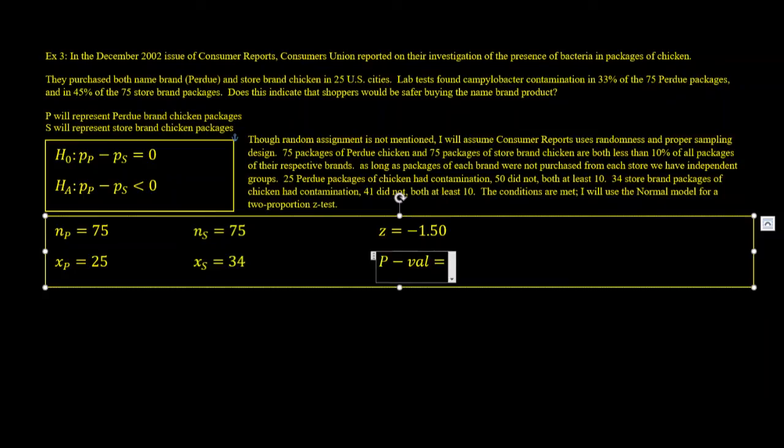So now we can state our conclusion. My p-value of 0.066 is above an alpha of 0.05.